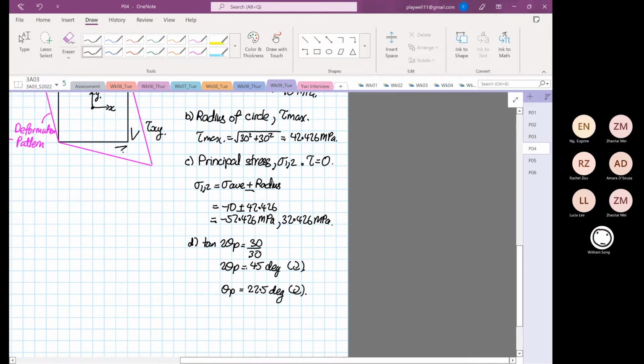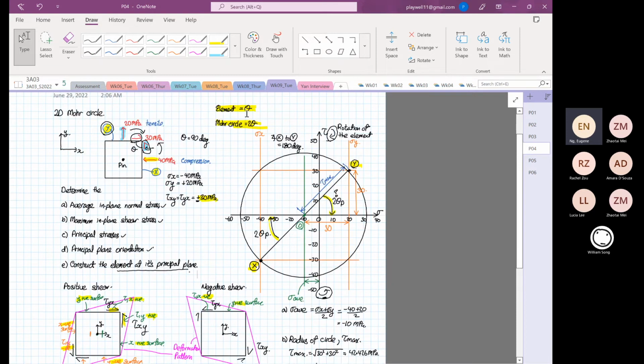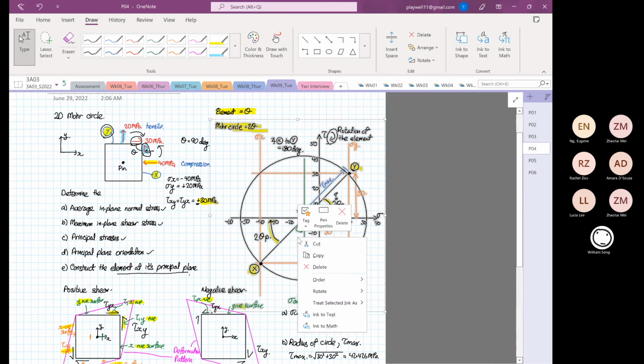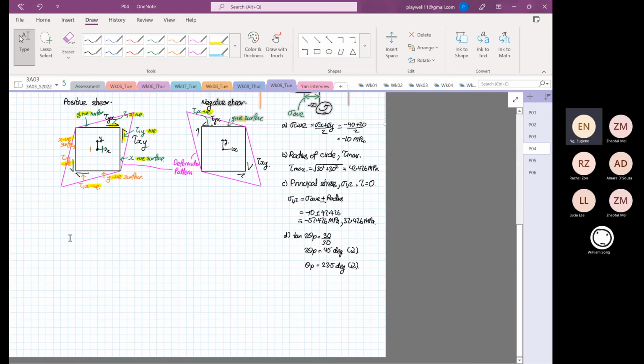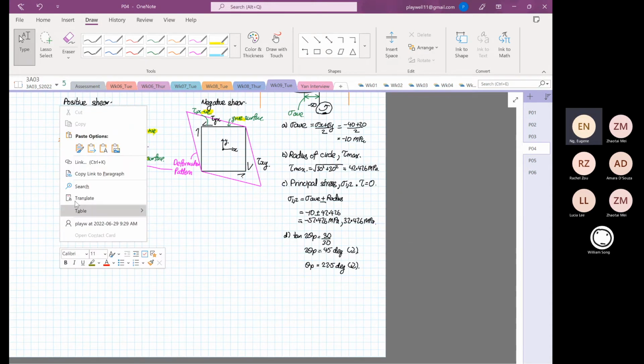Okay. Right, now the next part can be so-called a very confusing part. Okay, now let's construct the element and its associated principal plane. Okay, so what I'll try to do is I will try to copy this circle. I'll come down here. I'll paste this. Let me see whether this will work. No. Okay.